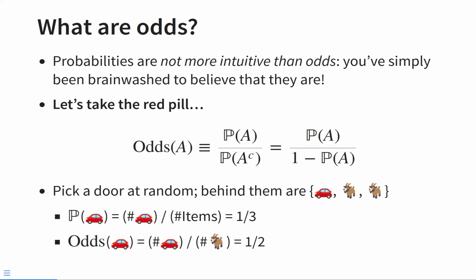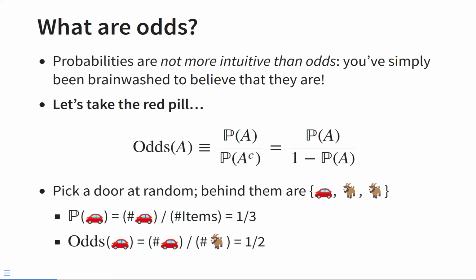So you could think about odds as the probability of A divided by the probability of not A, but it might be simpler to just give yourself a simple example like drawing from an urn or doing a simple probability experiment that has some number of successful outcomes and some number of unsuccessful ones. In that case, the odds are just how many good things are there divided by how many bad things, how many successful outcomes divided by how many unsuccessful outcomes. So in this case, 1/2.